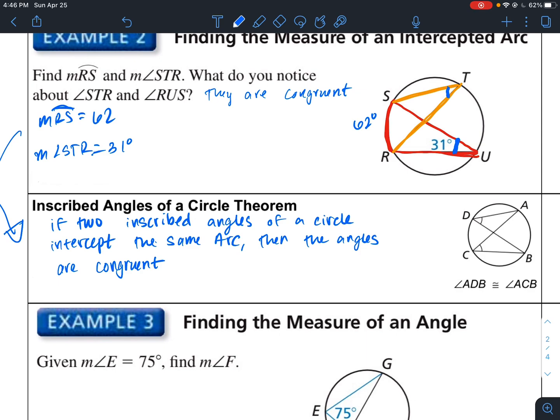Okay, if two inscribed angles of a circle intercept the same arc, then the angles are congruent.